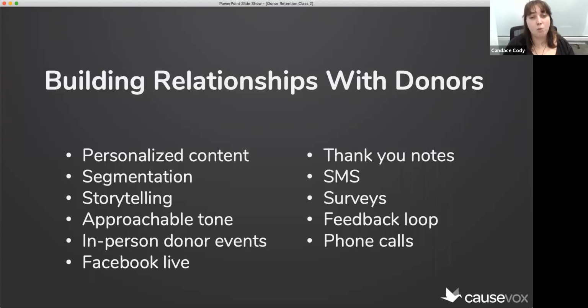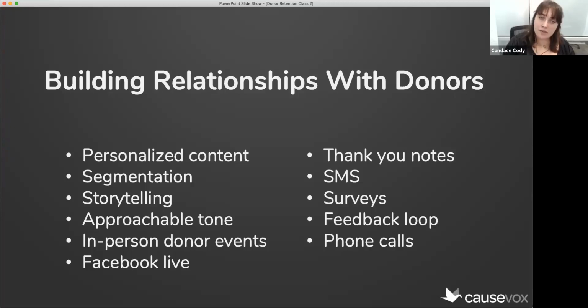And so one that we already kind of went over is just personalizing that content. So if they're interested in a specific program, sending them more content about that specifically. And that goes along with that segmentation, but also considering the other ways that you can segment donors based on preferred types of communication and some of the things that we went over last time.